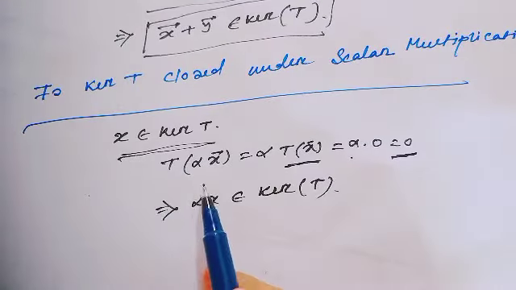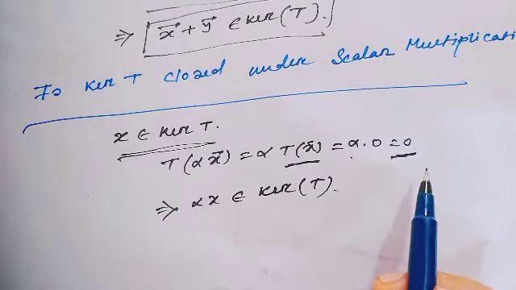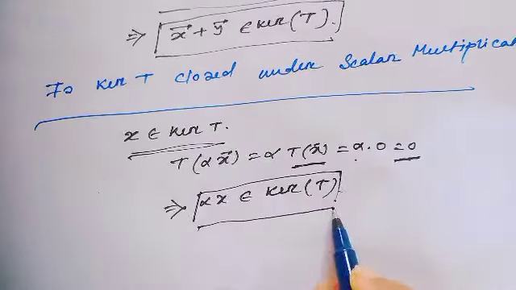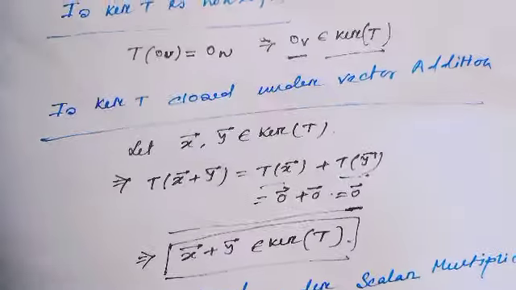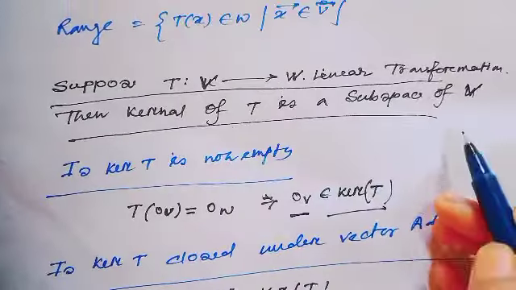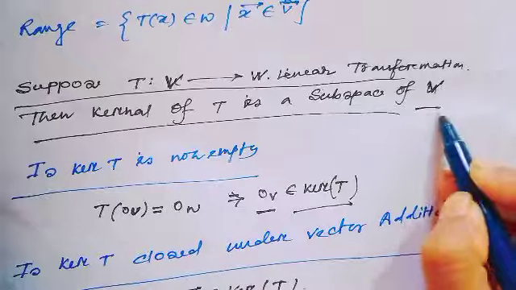Therefore, since T of alpha x equals 0, alpha x belongs to the kernel of T. Therefore, all conditions of a subspace are satisfied. So the kernel of T is always a subspace of the vector space V.